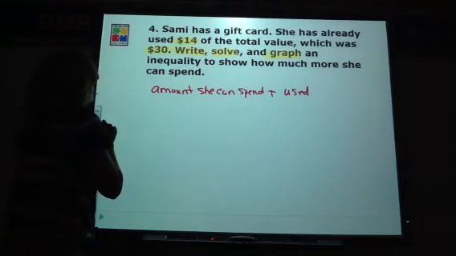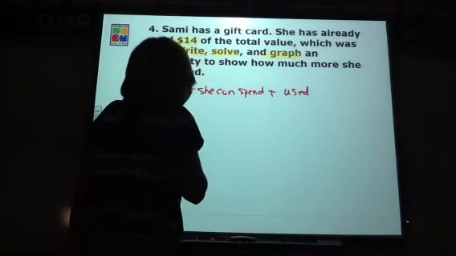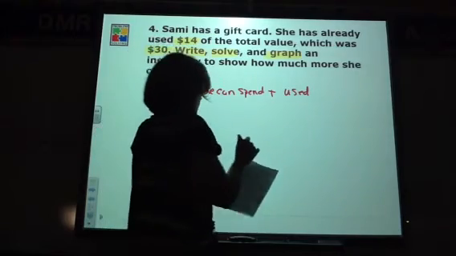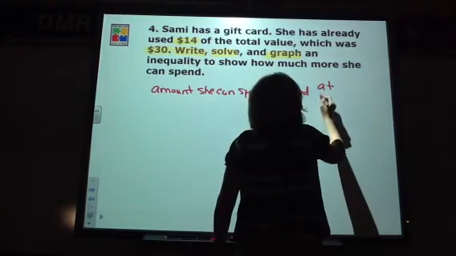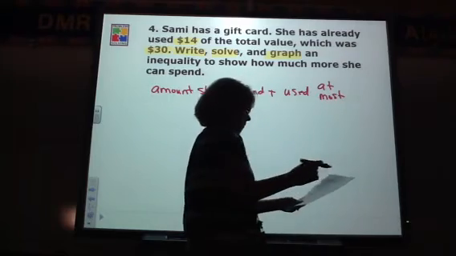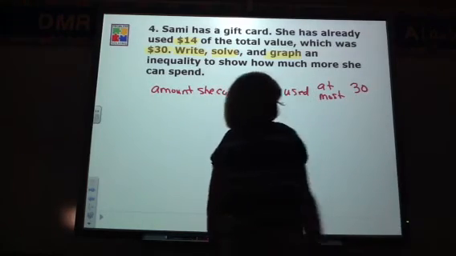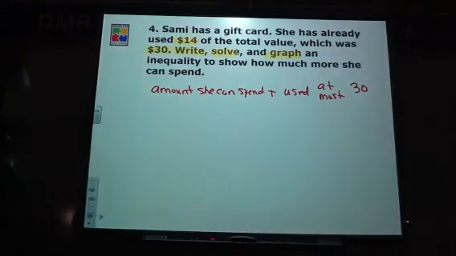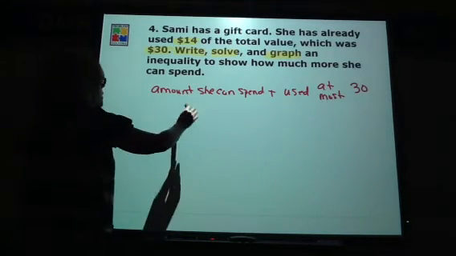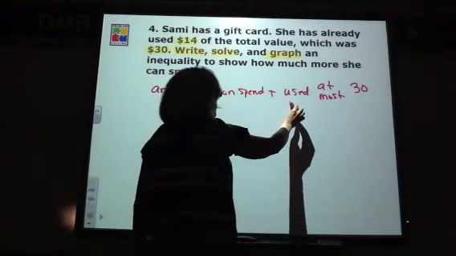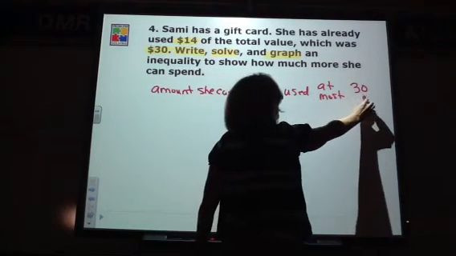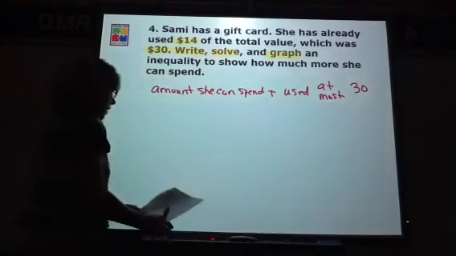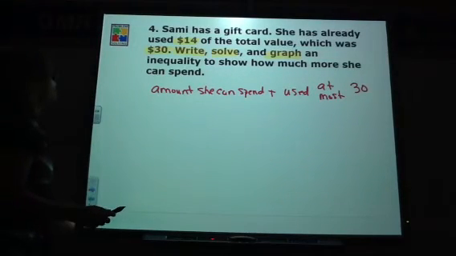Write, solve, and graph an inequality to show how much more she can spend. Okay? So how much more she can spend. So, amount she can still spend, amount she's already spent, and then the most she can spend right here is $30.